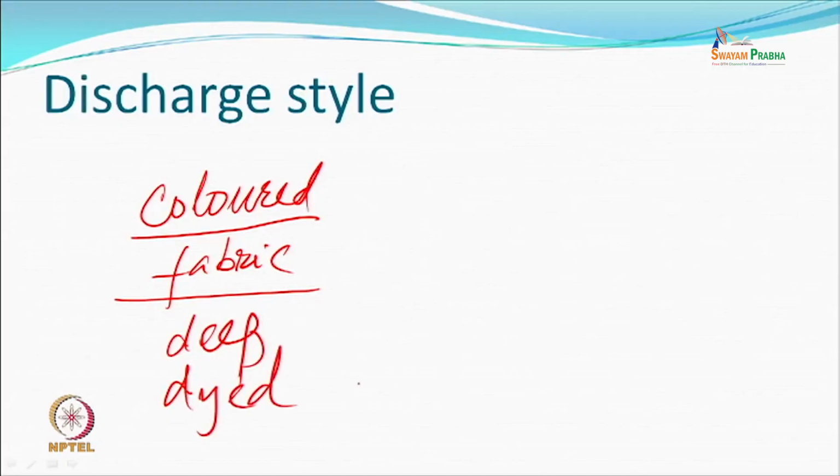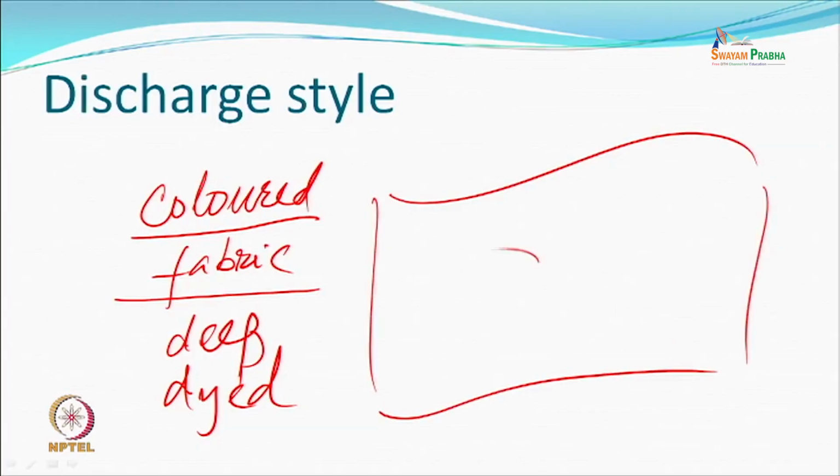If it is a light color, people would probably go for the direct style and you get the same design. If it is colored fabric, then you say discharge style, and what it means is that from the colored fabric you are going to be removing color from the design.